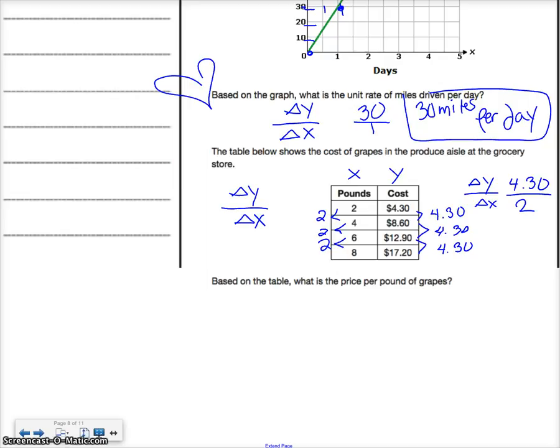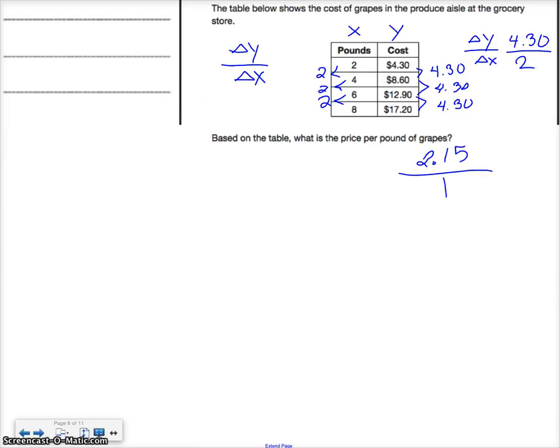I would say it is 2.15 over 1. But you have to word that nicely. That's just slope. You would say $2.15 per pound. Y over x. Y is the money over x is the pounds.